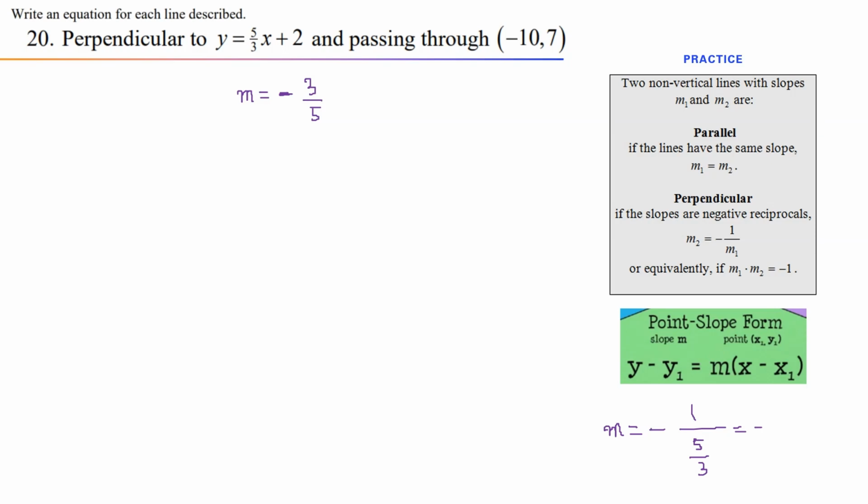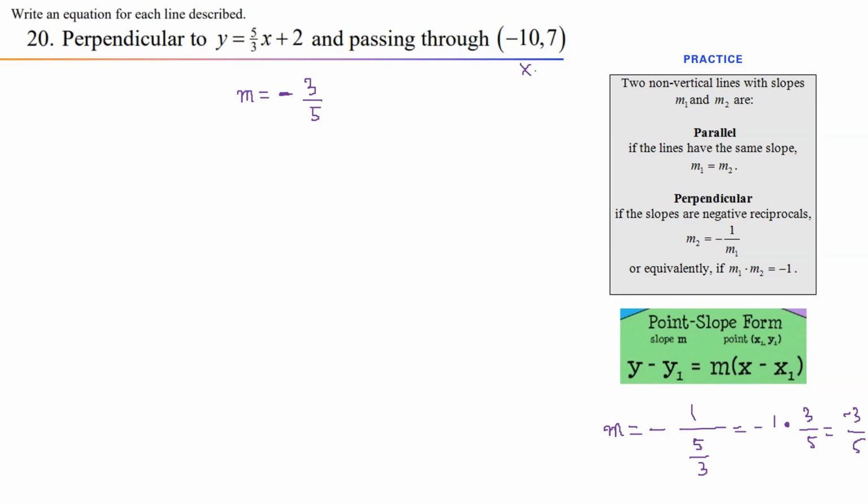That is negative 1 divided by the fraction, which will be multiplied by the reciprocal. So we have negative 3 over 5. You see that it's easy to just flip it when it's a fraction, top to the bottom and bottom to the top.